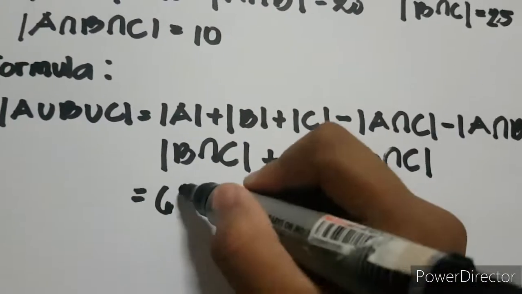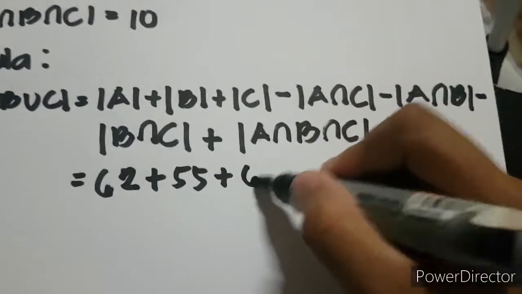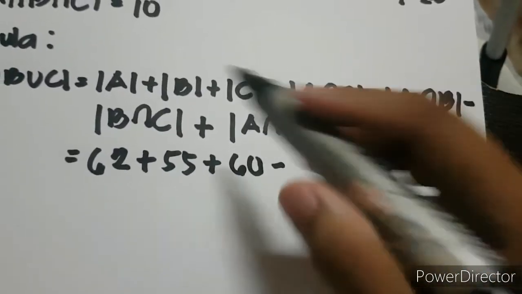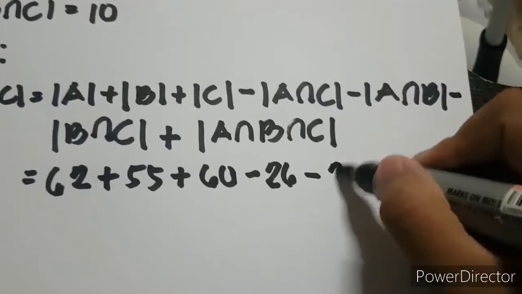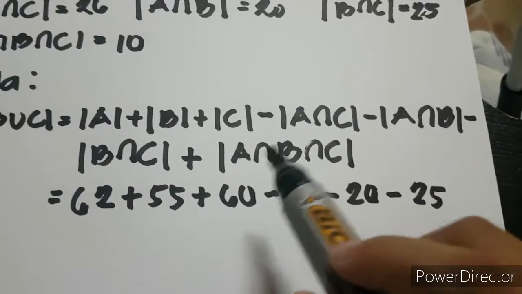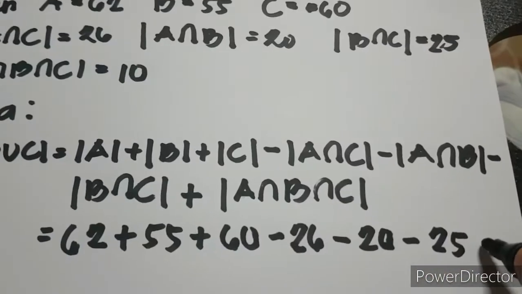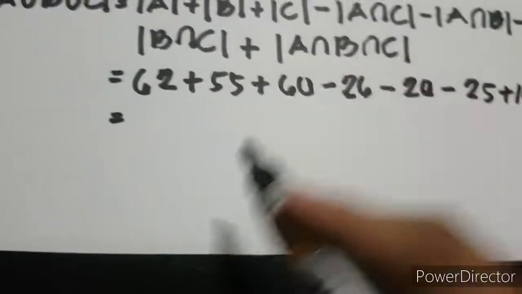A is 62 plus B is 55 plus C is 60 minus A intersection C, which is 26, minus A intersection B, which is 20, minus B intersection C, which is 25, plus A intersection B intersection C, which is 10. Next, as we are going to solve this.